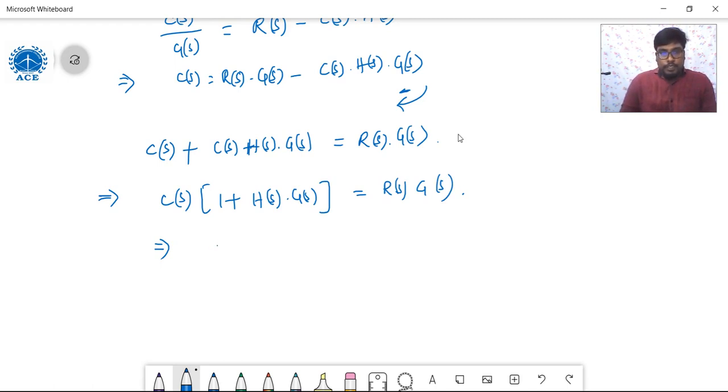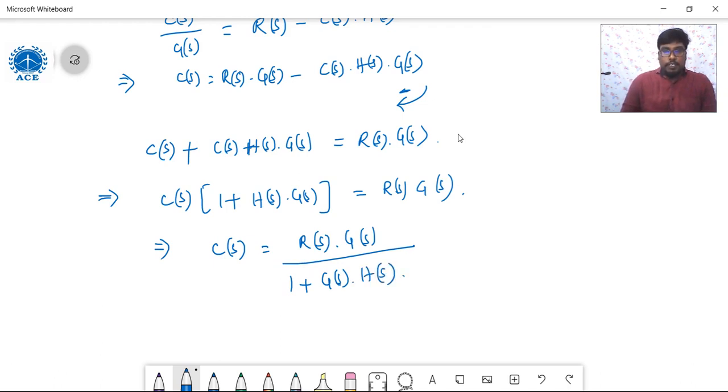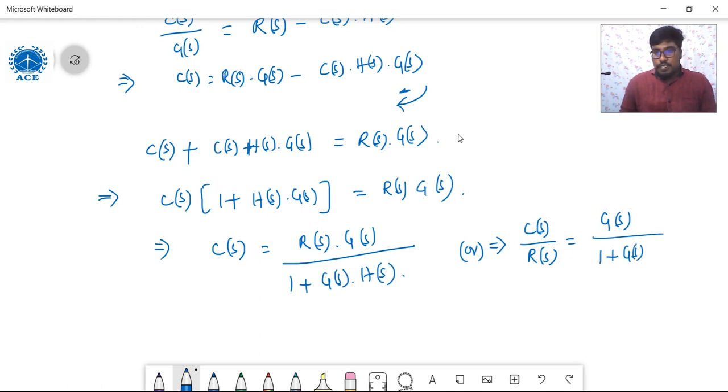So therefore C(s) is equal to R(s) into G(s) divided by 1 plus G(s) into H(s). Or taking R(s) to the right-hand side, C(s) divided by R(s) is equal to G(s) divided by 1 plus G(s) into H(s).